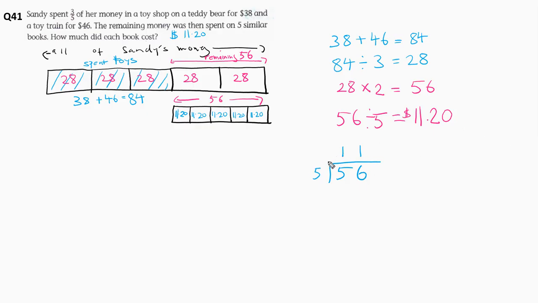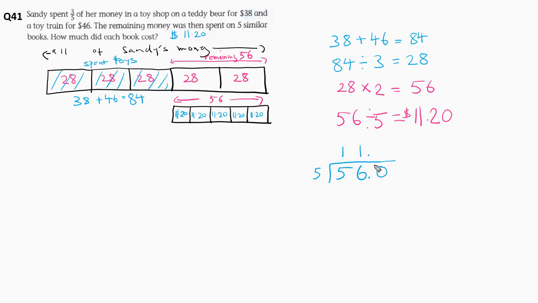But what we would usually do is, we know that we've got a remainder. We haven't finished our division yet. I'm going to put in my decimal point here, and I'm going to put in my decimal point here, and I'm going to put in a 0, because there is a 0 there, but we don't normally write it. So how many 5s go into 6?